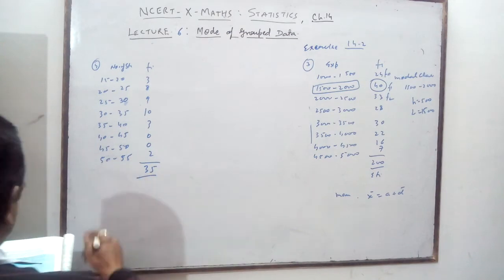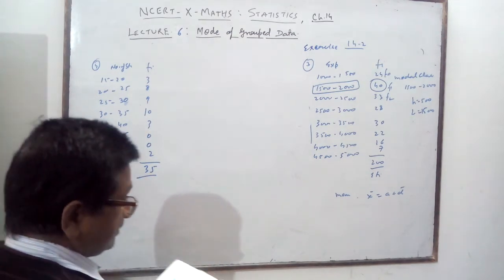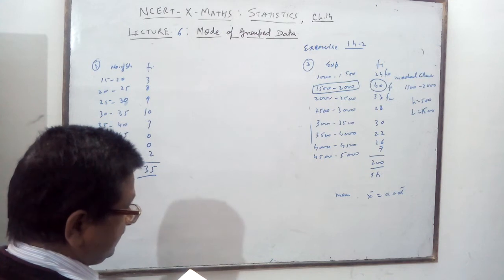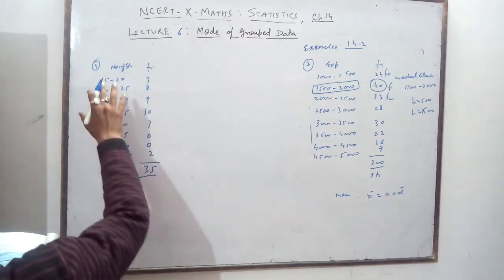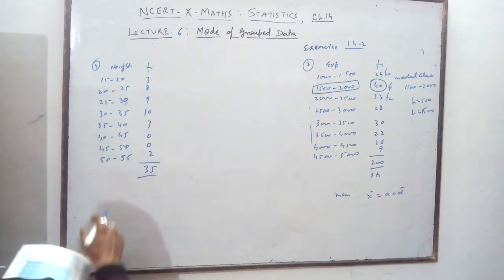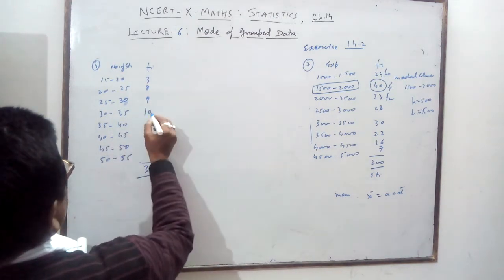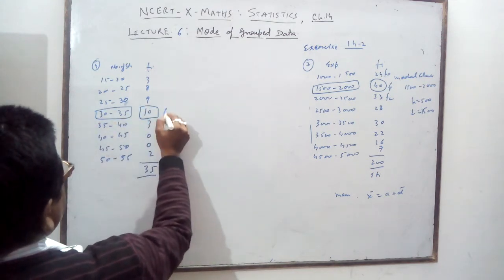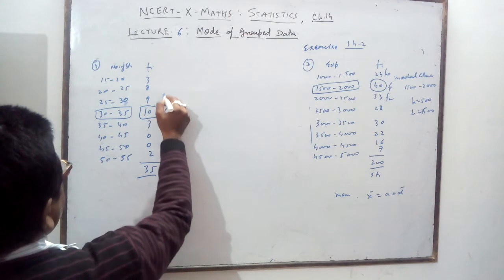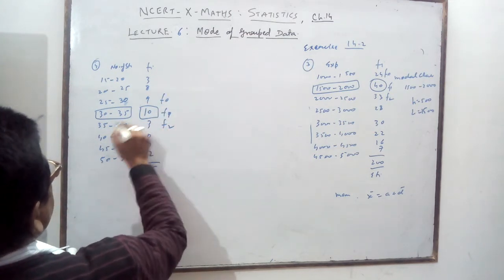How many teachers? The state-wise teachers are given, the total is the number of states, which is 35 states. This is the number of students per teacher. First, you find the mode. It is F1, F0, F2.